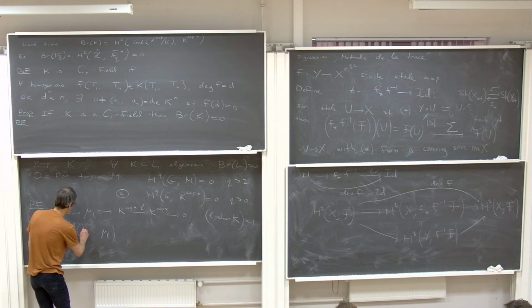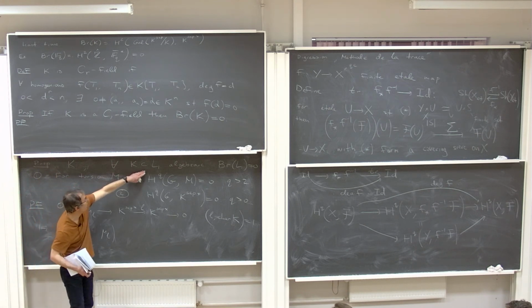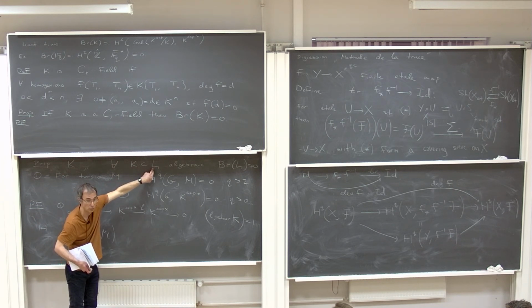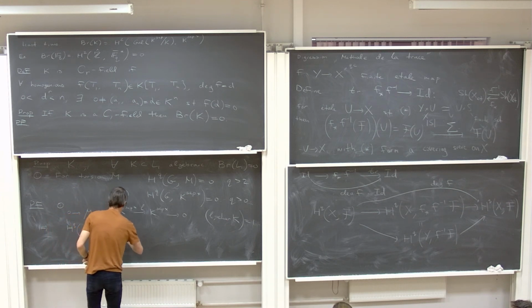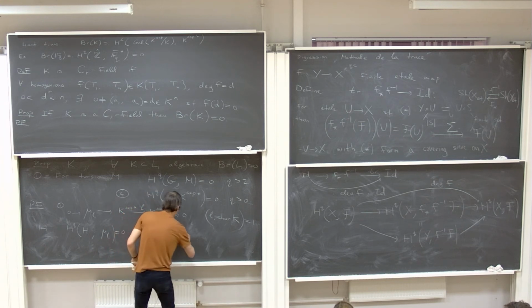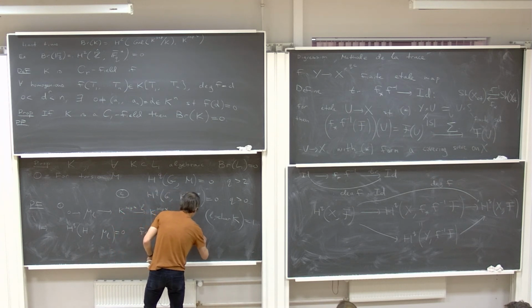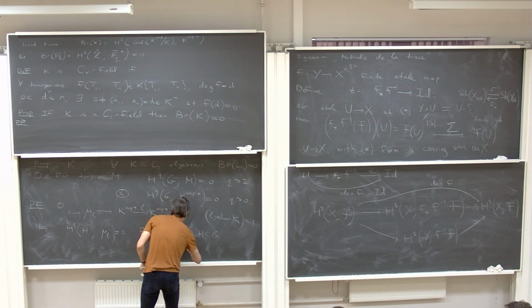It's also true, since we assume the vanishing of the Brauer group not only for K but for all algebraic extensions, that this group is equal to 0 for all open subgroups and q greater than 2.